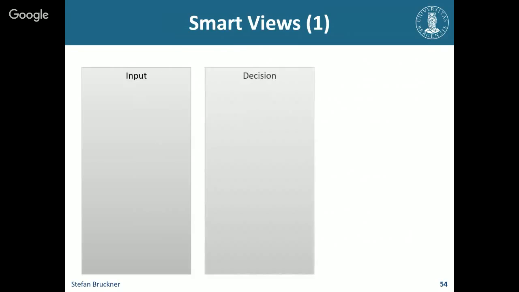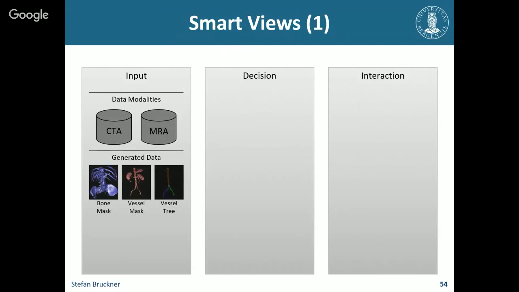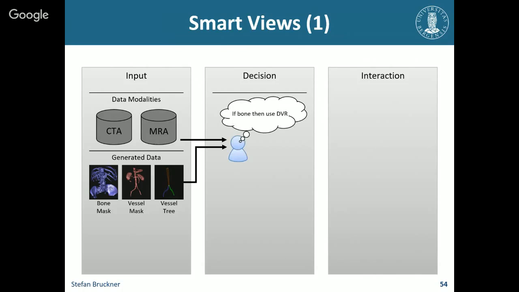Essentially, the idea is that we already have a lot of information in our input. We do have the CTA information. We do have, generated on a routine basis, semi-automatically, a bone mask, a vessel mask, and a vessel tree, just to do things like CPR. And then we add a component that allows us to say that different types of tissues are best visualized using different techniques.